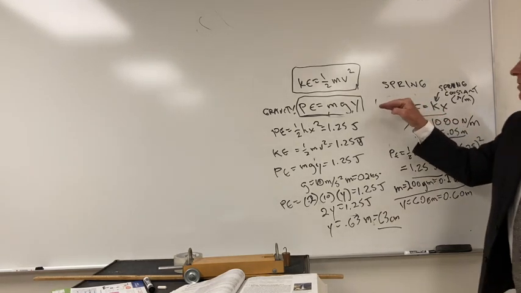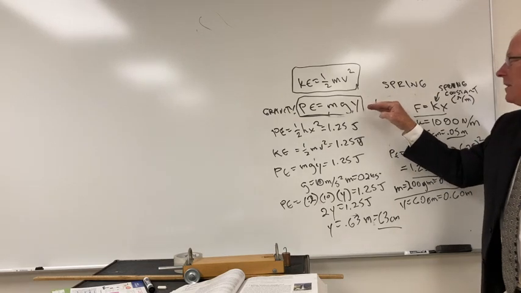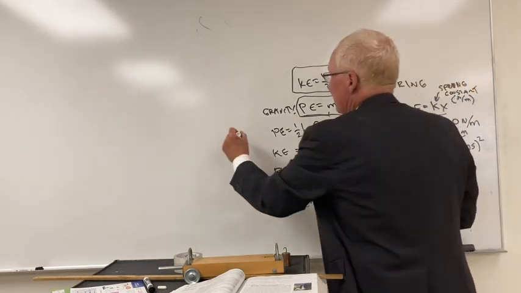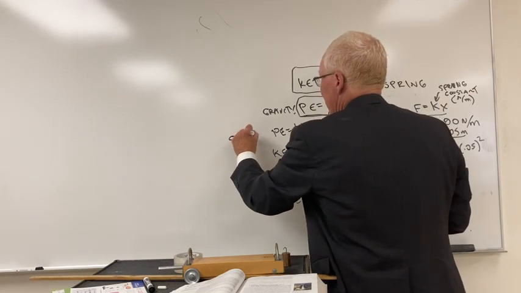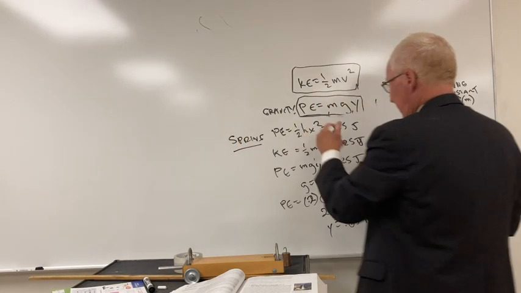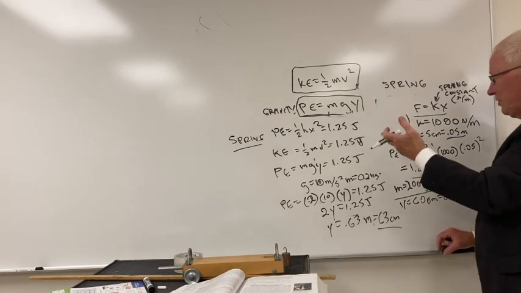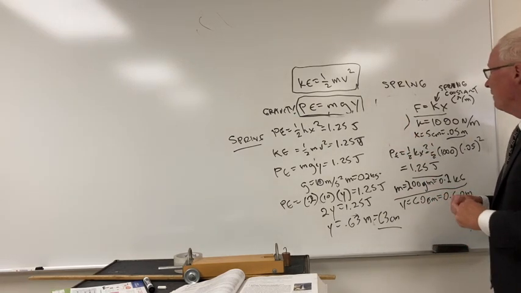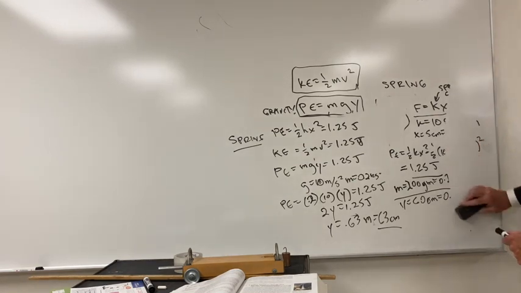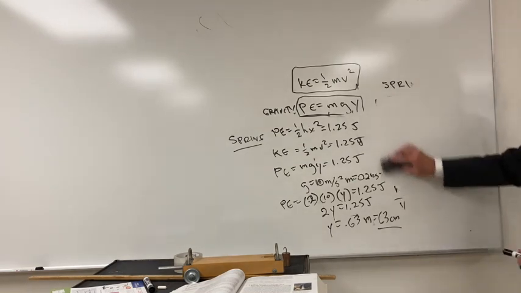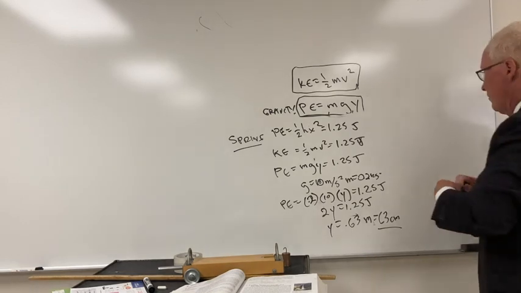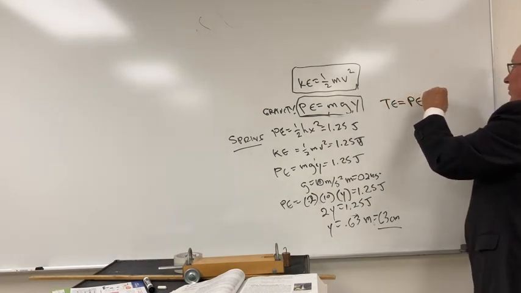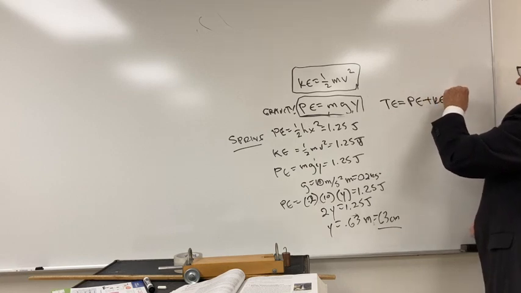So potential energy of gravity is given by this, potential energy of the spring is given by that, and all these convert to kinetic energy. All right, so that's what we have here, and all this is based on the fact that in a conserved system, total energy, potential plus kinetic, is a constant.